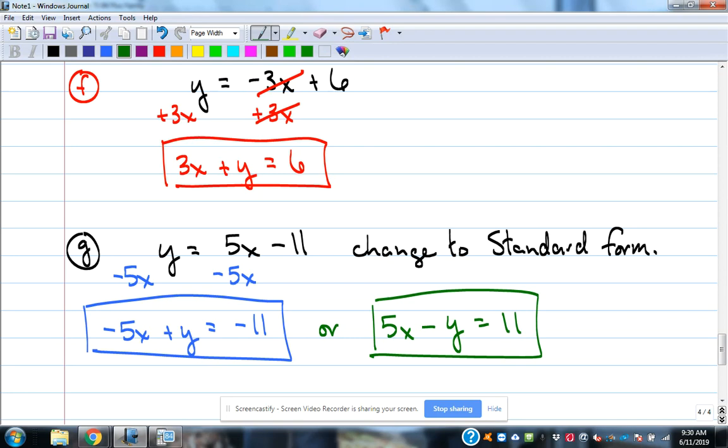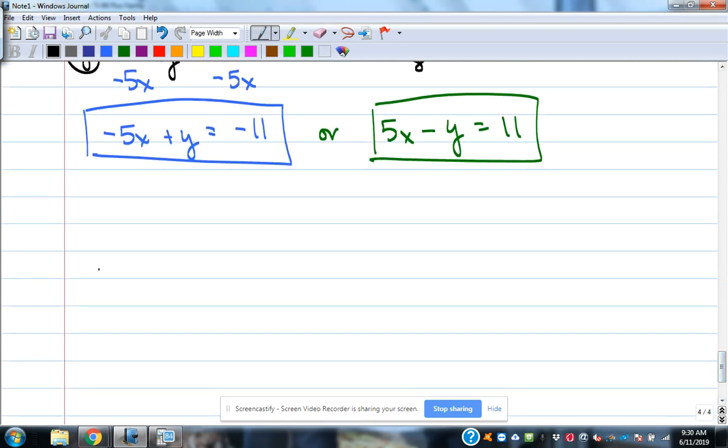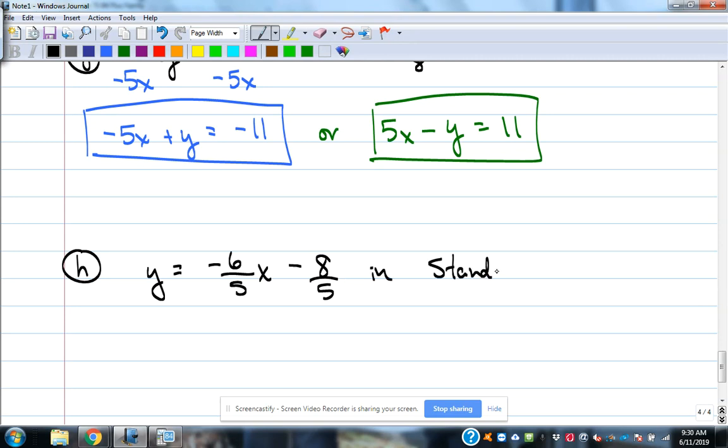All right, let's look at one that's in slope-intercept form. We want to put y equals negative 6 over 5x minus 8 over 5 in standard form. So we want to take this equation that's in slope-intercept form, and we want to rewrite it into standard form.